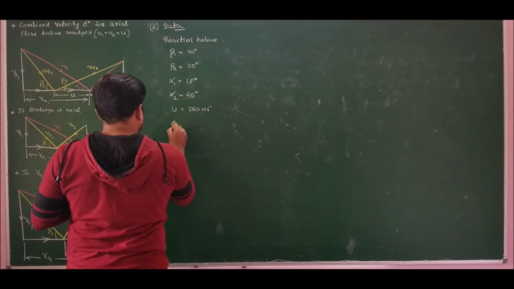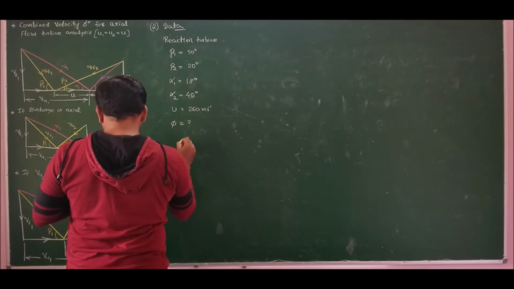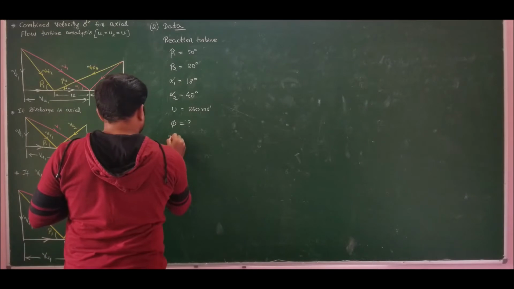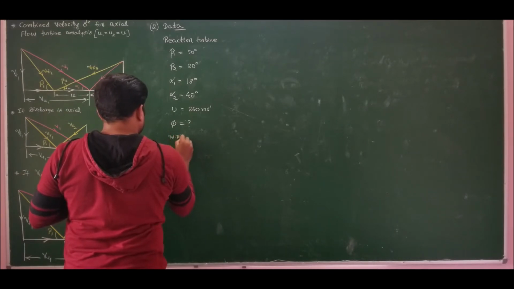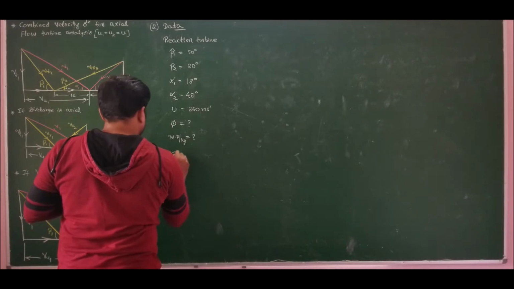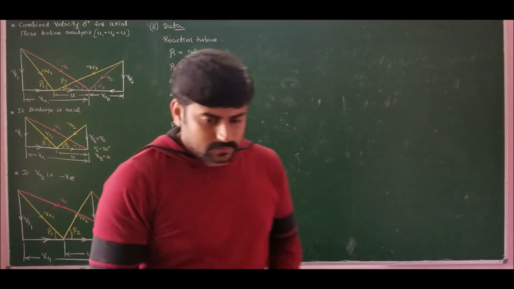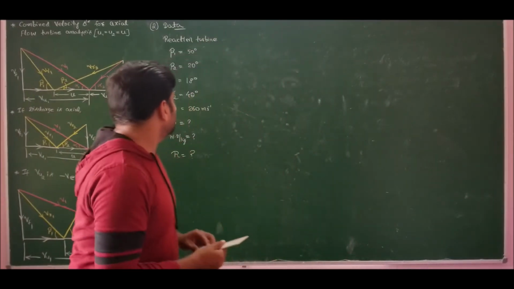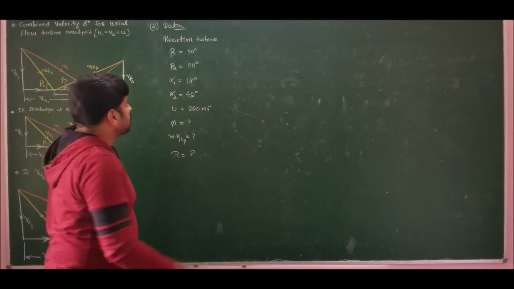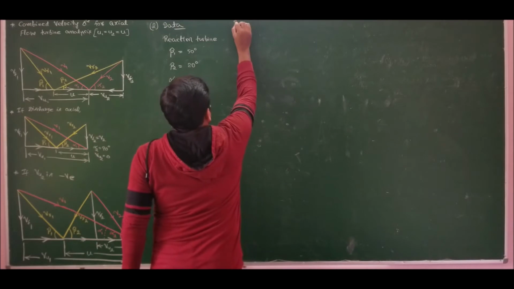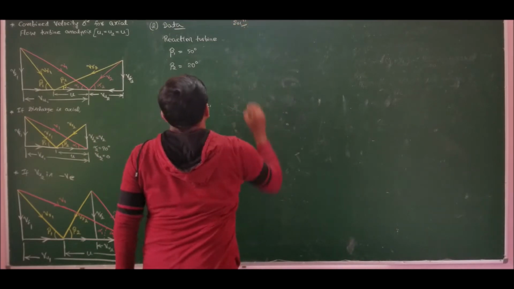Calculate speed ratio U by V1, specific work, that is work done per kg, and degree of reaction. Let us solve this problem. Now, to solve this problem, let us choose a scale.